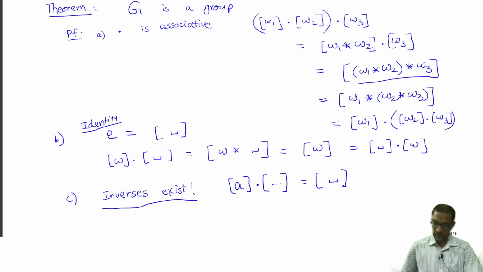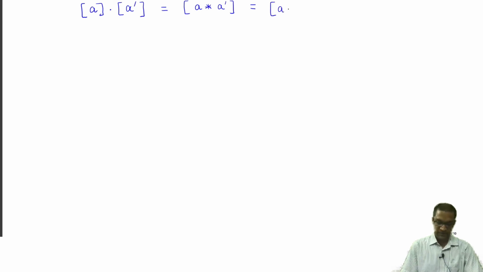Let's perform a simple computation here. If I take A and multiply it with the equivalence class of the element A prime, then by definition this is the equivalence class of the concatenation, the word A A prime, the word of length 2.